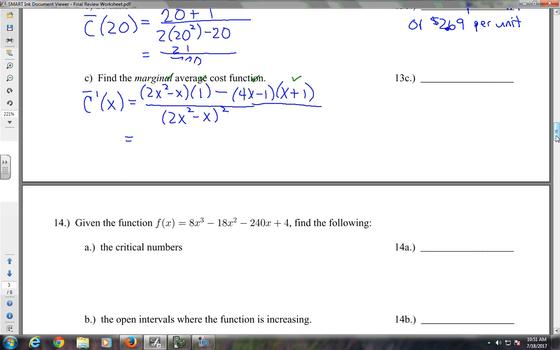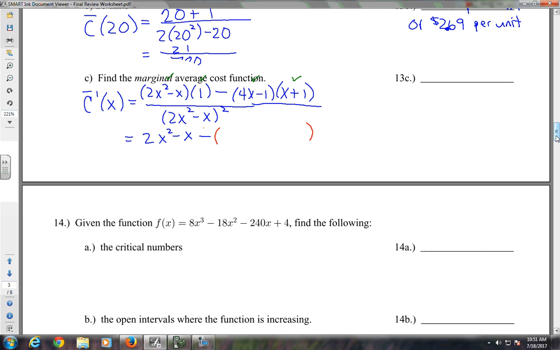So working on this numerator, we have 2x squared minus x times 1, which is just 2x squared minus x. Then we're going to subtract the product of these two binomials. Be really careful here. When you FOIL those two binomials, make sure you put the result in parentheses. That's going to indicate that I need to distribute this negative sign.